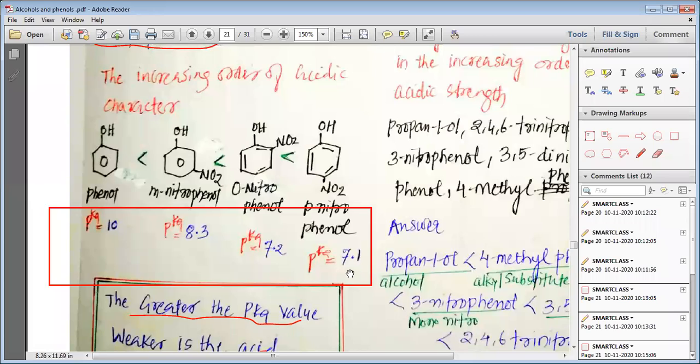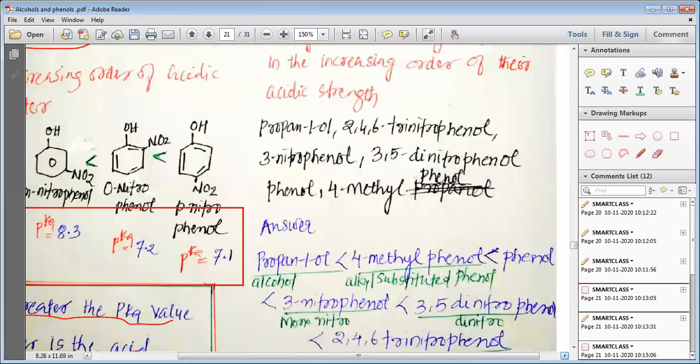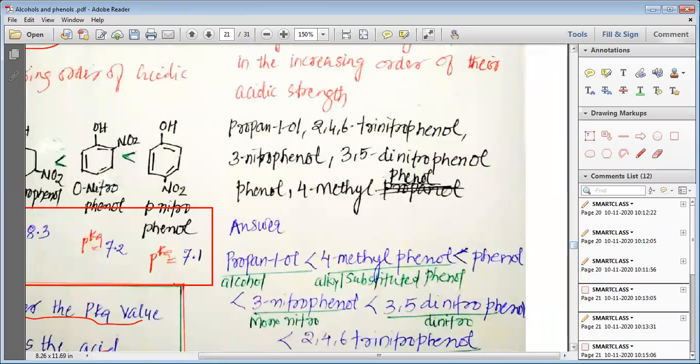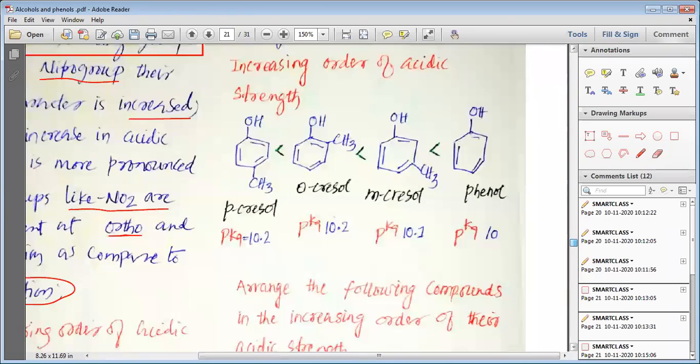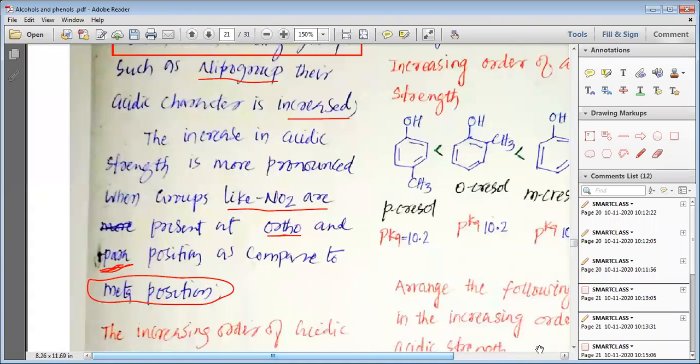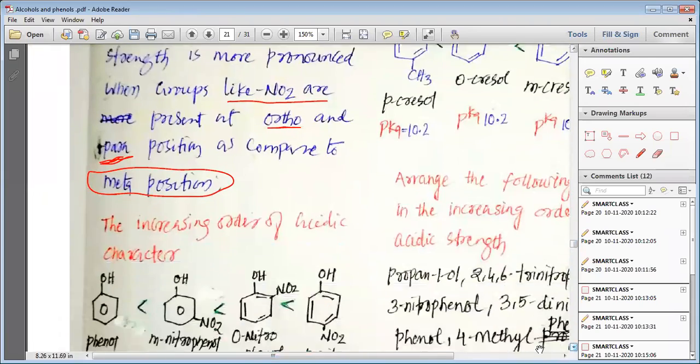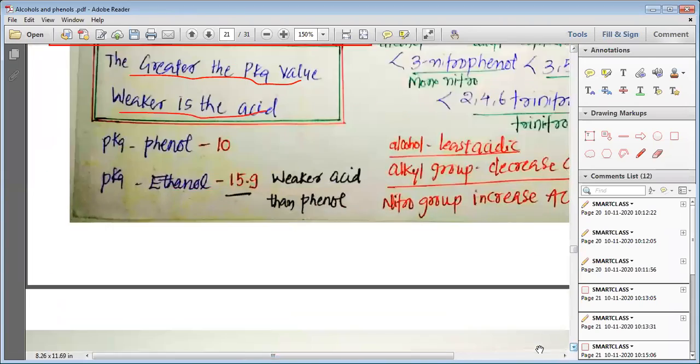And thus, looking at the pKa values, we can say that paranitrophenol is maximum acidic, whereas only phenol is the minimum or the lowest or least acidic in nature. So this is how, my dear students, we come to know about the acidity of the few compounds or acidity of the substituted phenol.